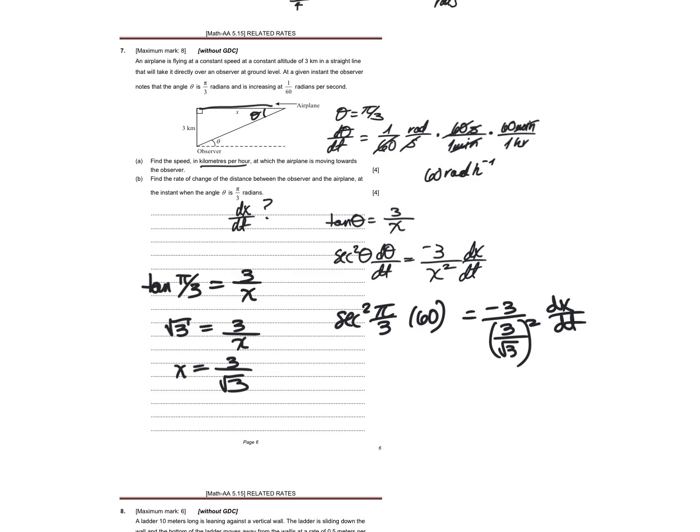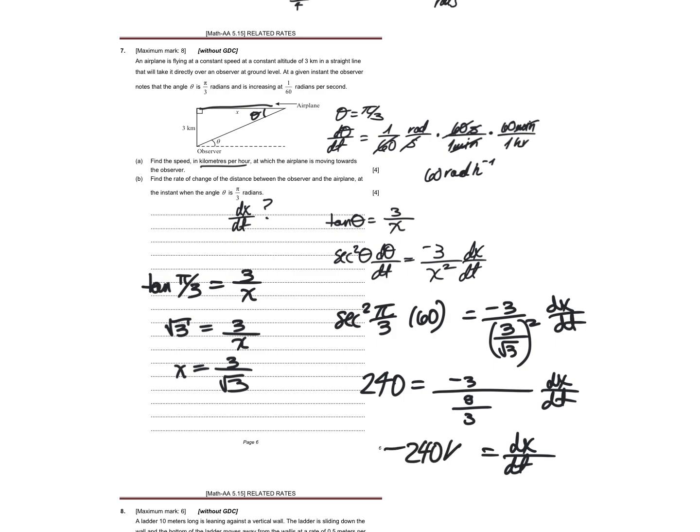And at pi over 3, cosine is 1/2. So secant's going to be 2 squared, which is 4, times 60 is 240. And then we're going to have negative 3 over 9 over 3, which is 3. So this is negative 1 dx dt. So dx dt is negative 240, and that's kilometers per hour.